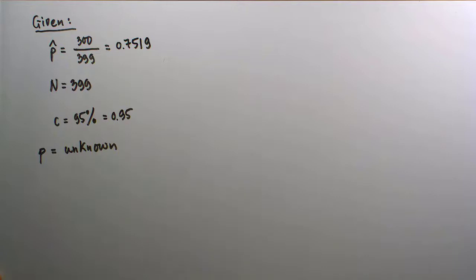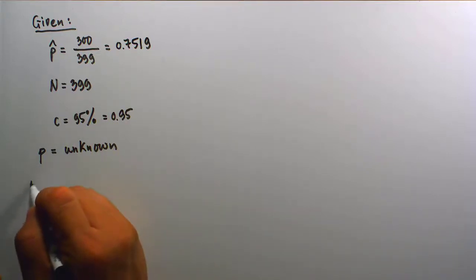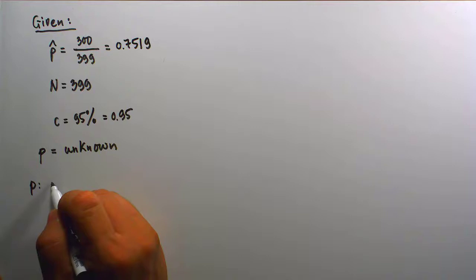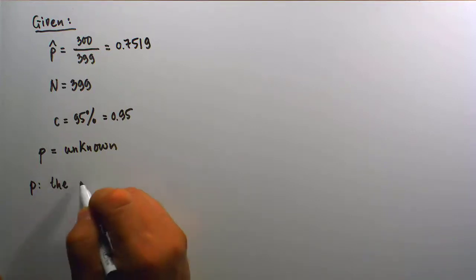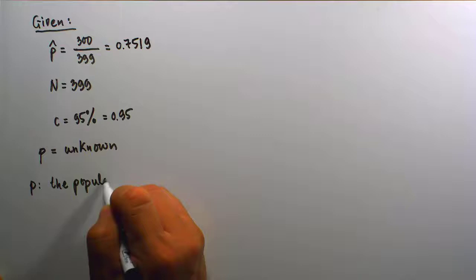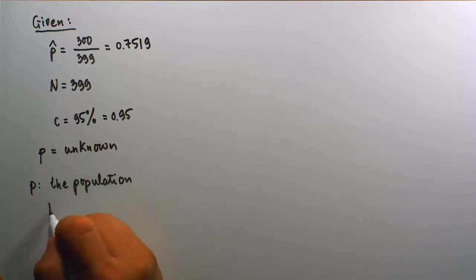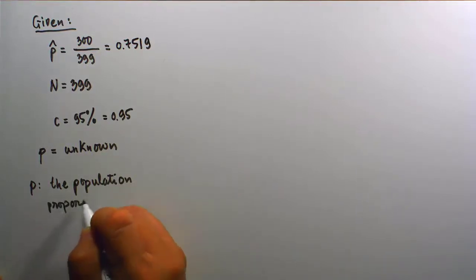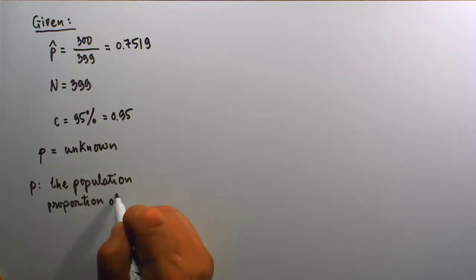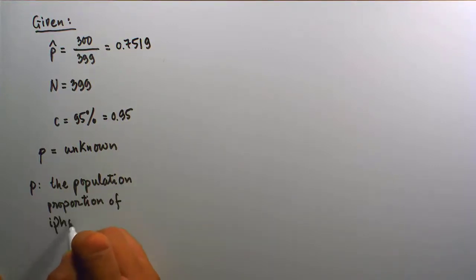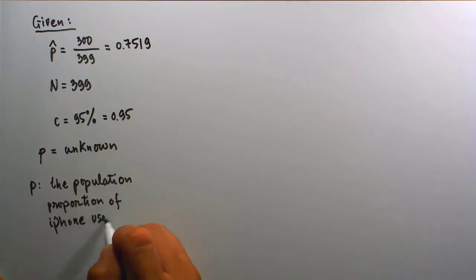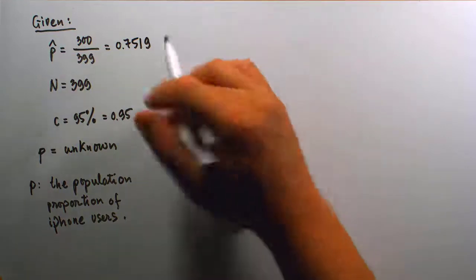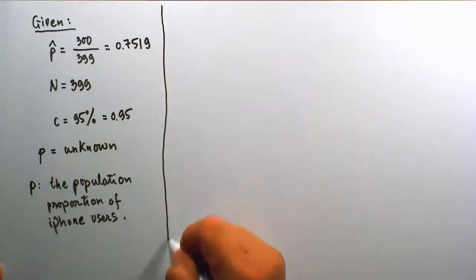Lowercase p is the population proportion of iPhone users. So same meaning, we're going to estimate the same target value, but using different samples. That's the entire purpose of showing this example with different questions.